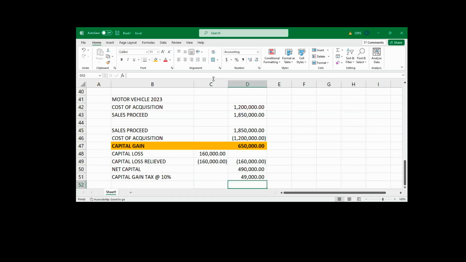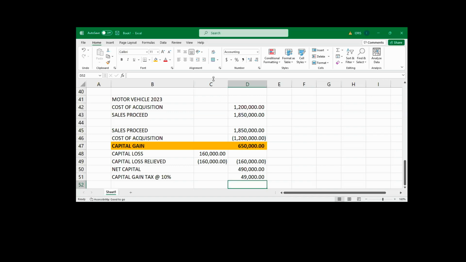So you can only carry the capital loss forward for a maximum of how many years? 5 years. Yes, this one is capital loss, not capital allowance.